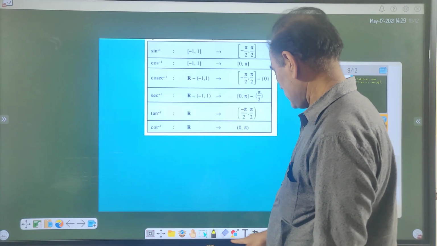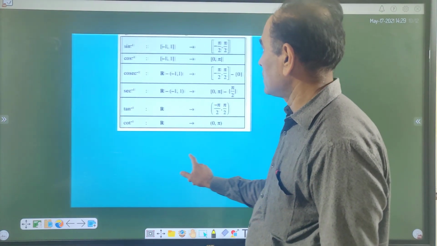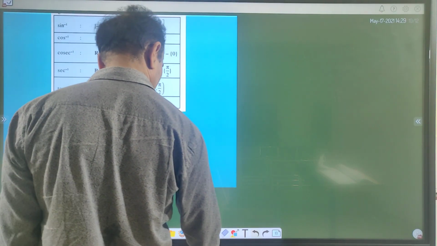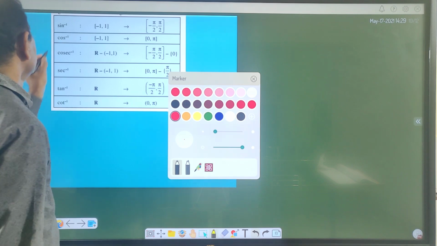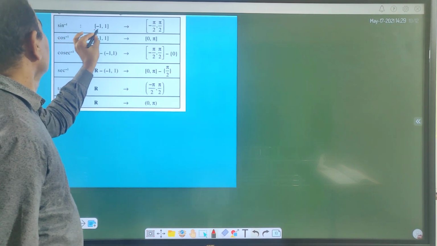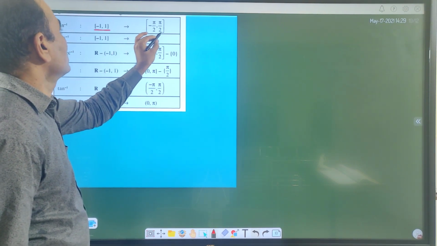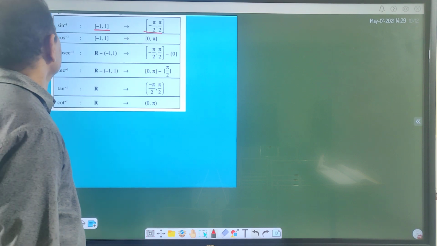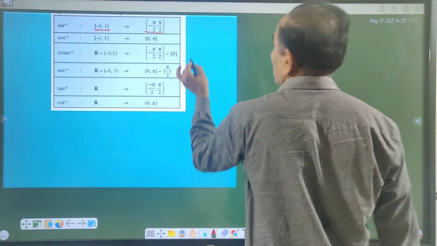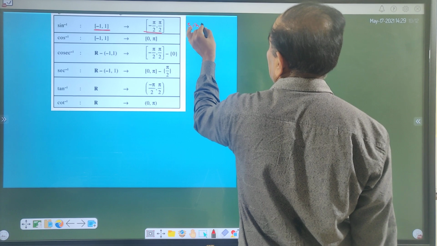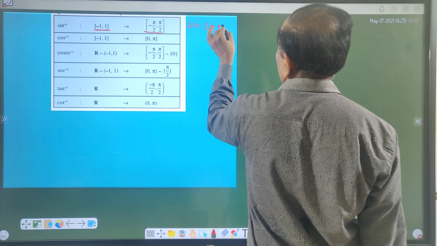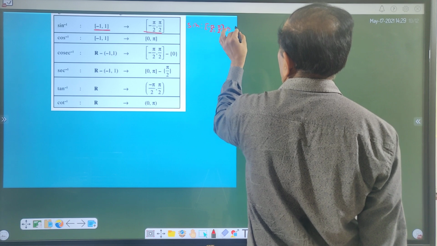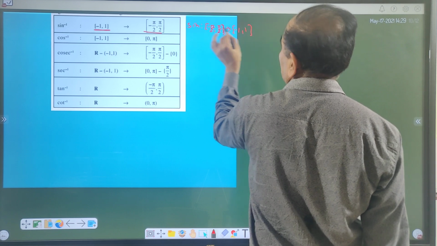Let us see here. You can see that sine is from where to where? Closed interval minus pi by 2 to pi by 2 to closed interval minus 1 to 1.